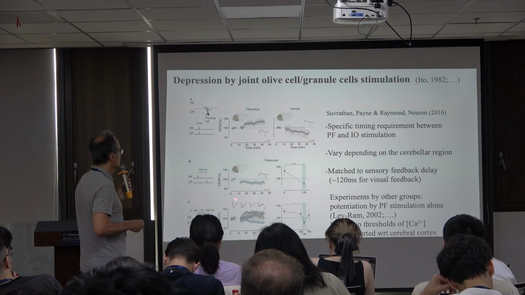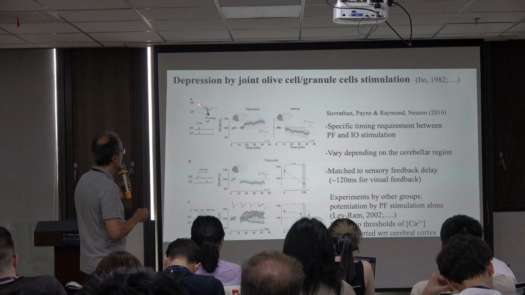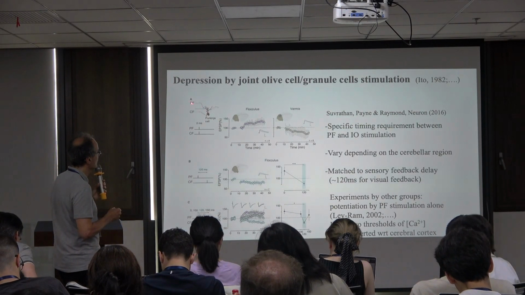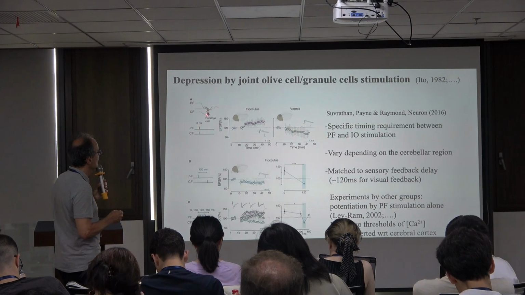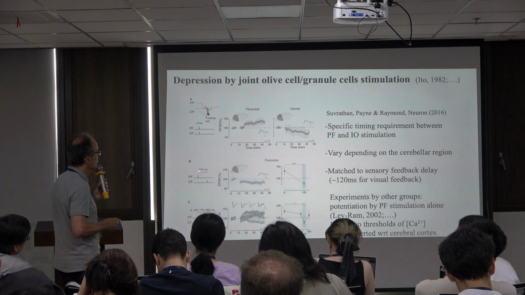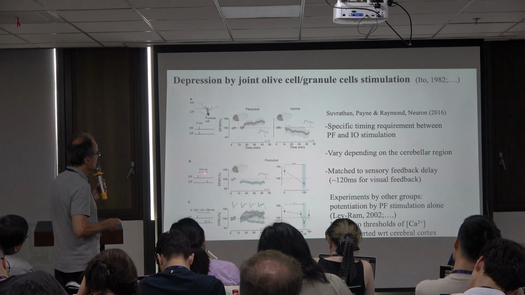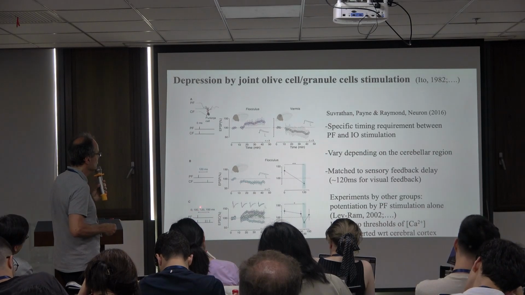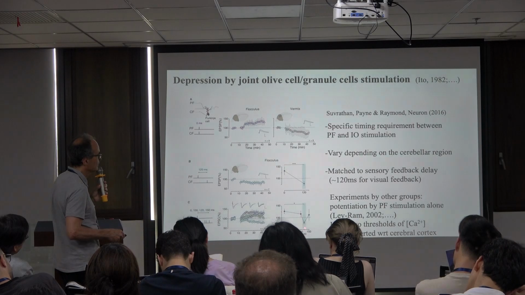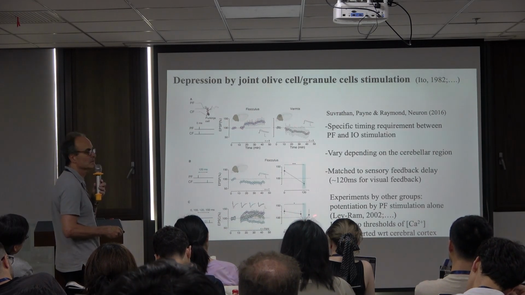The timing between the parallel fiber input and the climbing fiber stimulation can be varied. At 120 milliseconds you have a large depression, but at other time intervals you see that you have a very specific depression at 120 milliseconds.